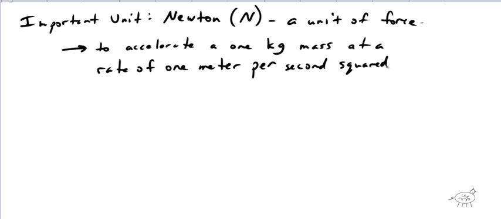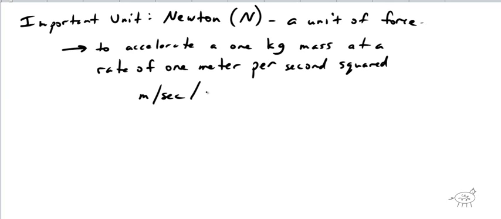Now you guys have heard acceleration is meters per second squared, and the reason that's the case is because acceleration is change in velocity, right? If you're doing 20 miles an hour and you hit your gas pedal and you're doing 25, you're accelerating. So you're changing your velocity per time unit. Velocity is meters per second, and then you're changing that.